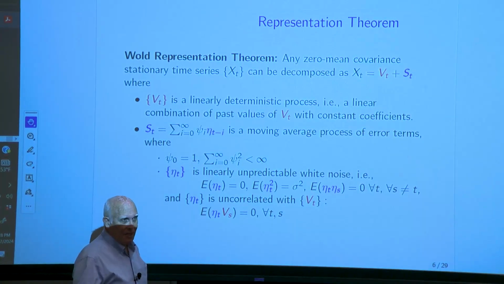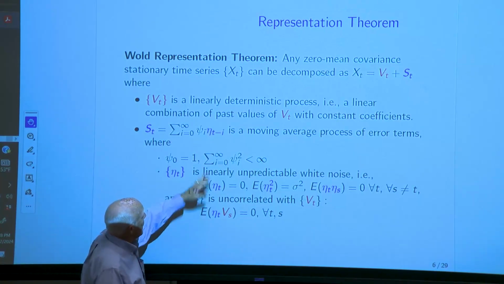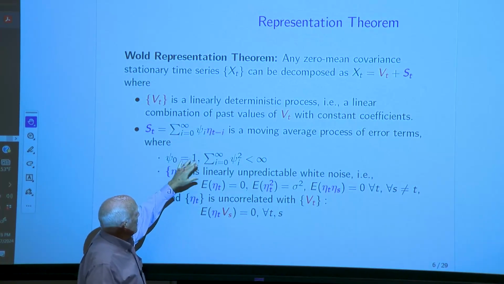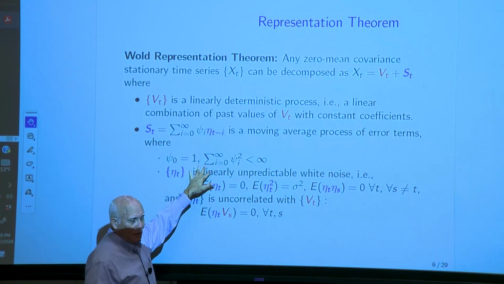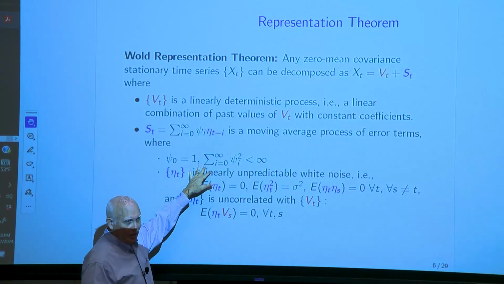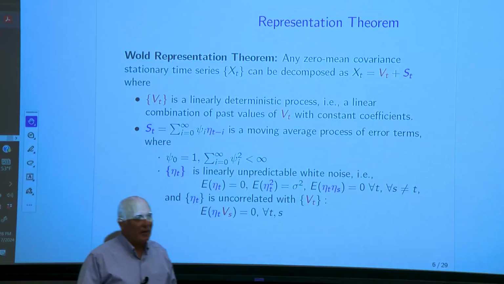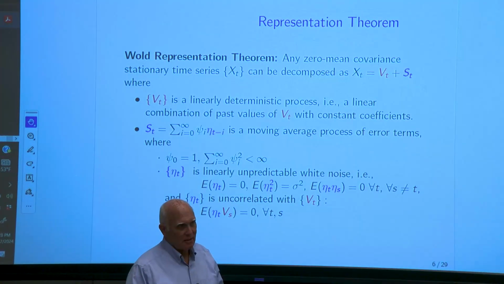It'll have finite mean and variance that's constant, and the covariances will also be constant over increments of any lag. What's powerful is that this representation can be used for any covariance stationary model. So this is covariance stationary, but any covariance stationary model has this kind of representation.